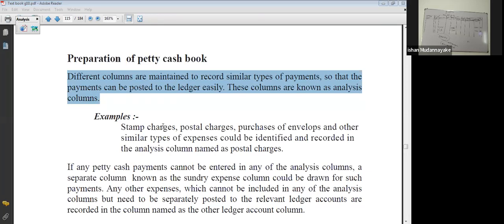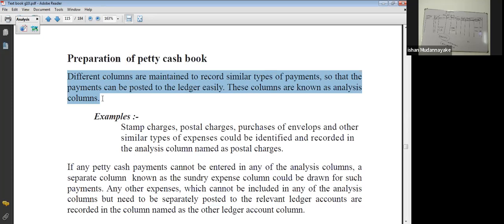Different columns are maintained to record similar types of payments so that the payments can be posted to the ledger easily. These columns are known as analysis columns.